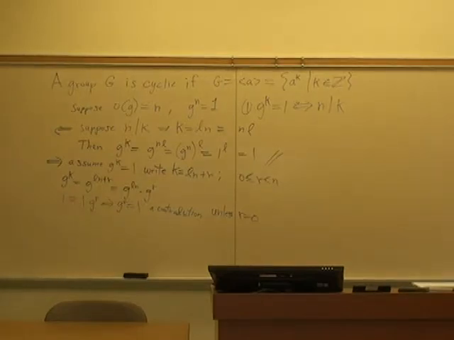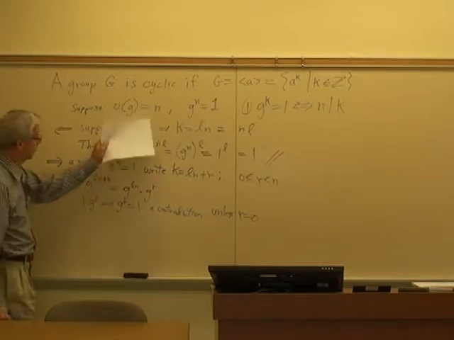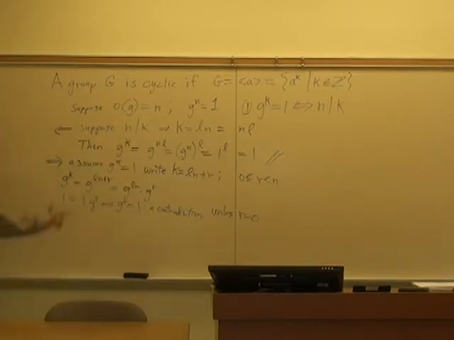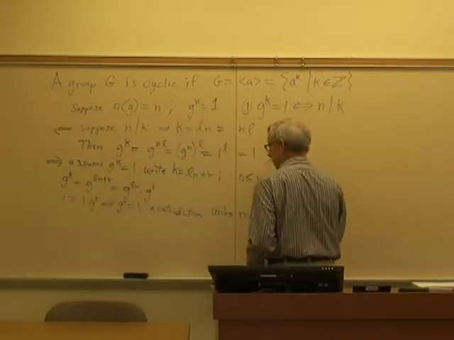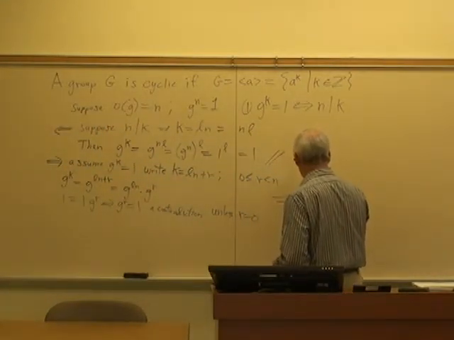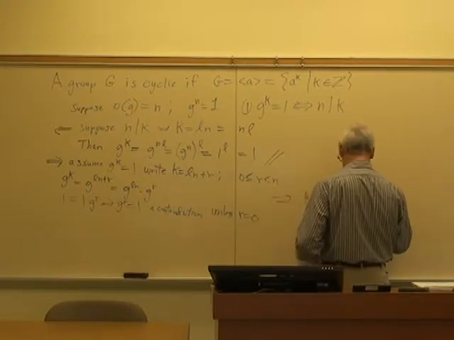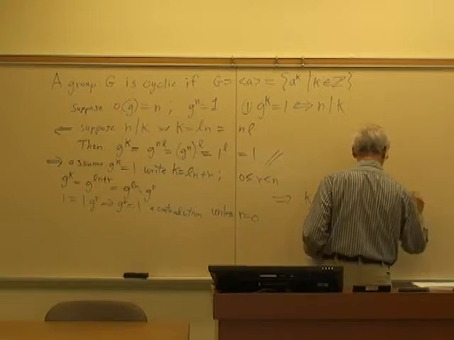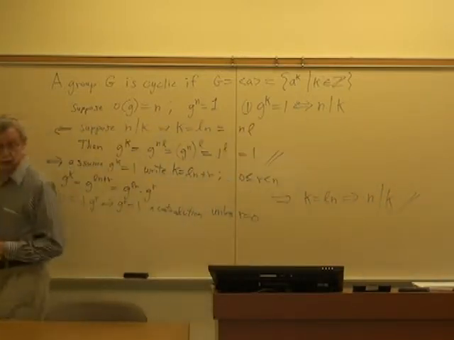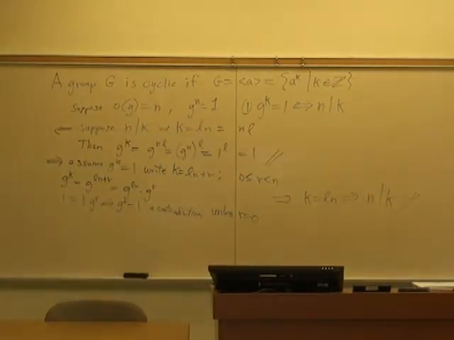But that's the only legal one, because otherwise it would contradict the fact that the order of g is n, which is bigger. So if r is 0, then we get that k must be Ln, which means that n divides k, and that's my other direction. So that's what we have. And we're going to continue with this idea, with this theorem in parts of it.